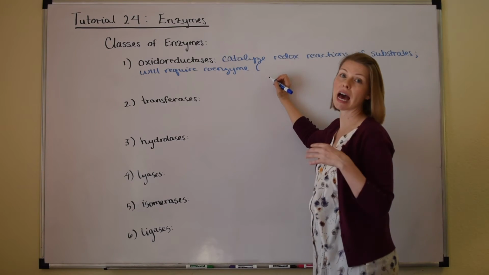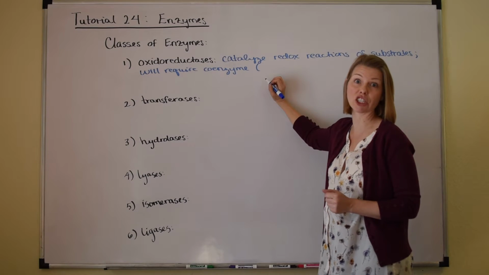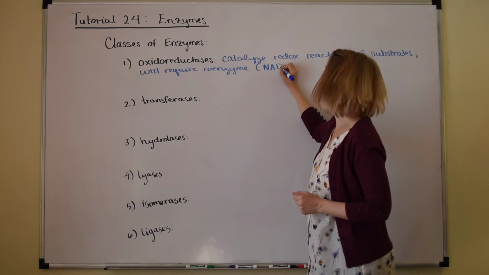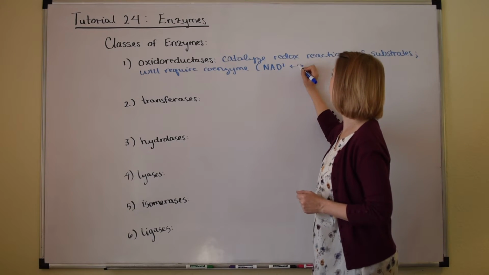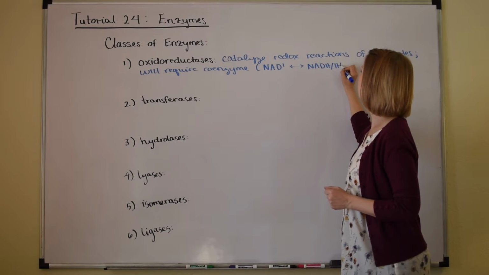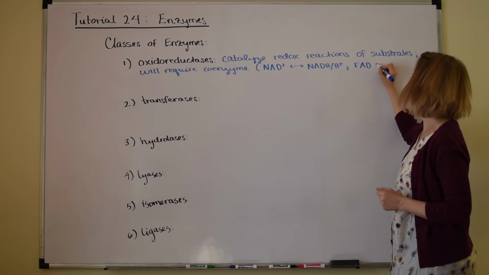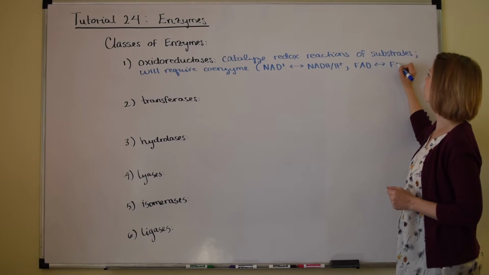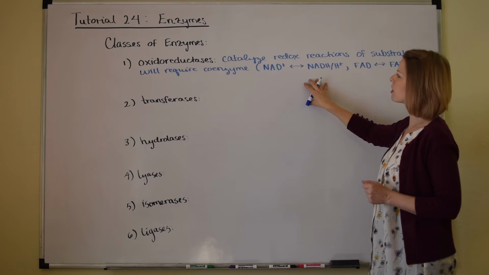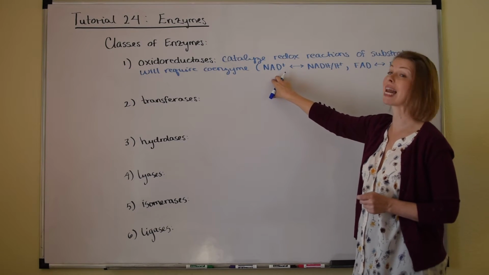And we just took a look at 2 of the more common coenzymes that will be used in these redox reactions. Let's write them up here real quick. Nicotinamide adenine dinucleotide, and I'll write its reduced form as well. And flavin adenine dinucleotide, and I'll write its reduced form as well. And then another one that you'll probably see a lot in your biochemistry studies is very similar to the NAD.